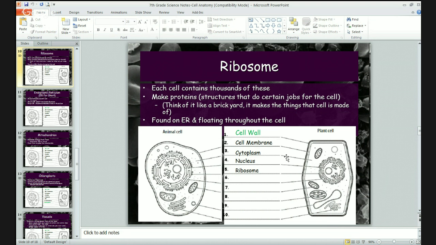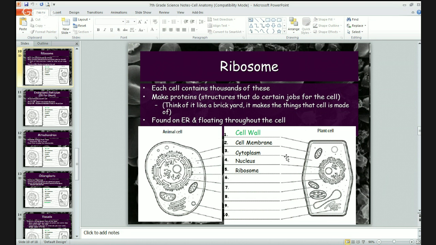So proteins, you usually think of them as being in your meat and things like that. From a biology standpoint, proteins are important because they help your cells do all sorts of different jobs. If you need to break down a fat, because whatever you ate contains some fats, the only way it's going to break it down is by a protein.